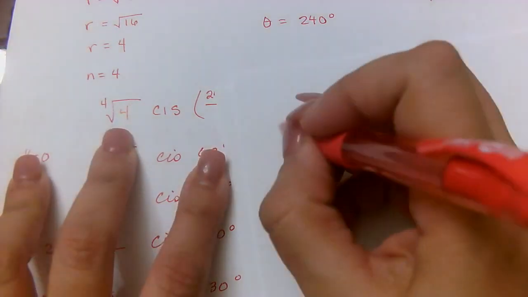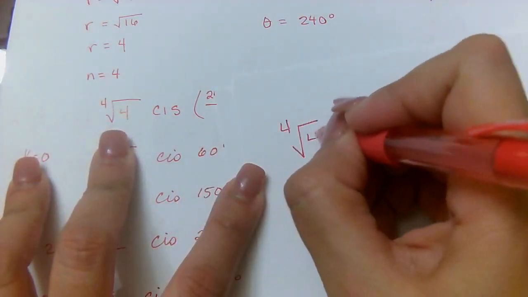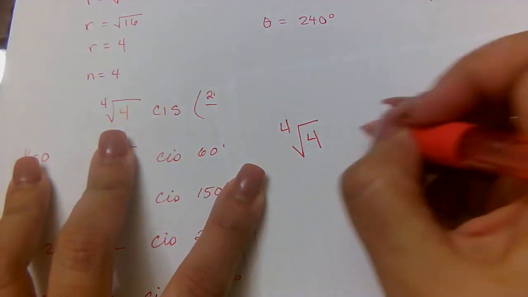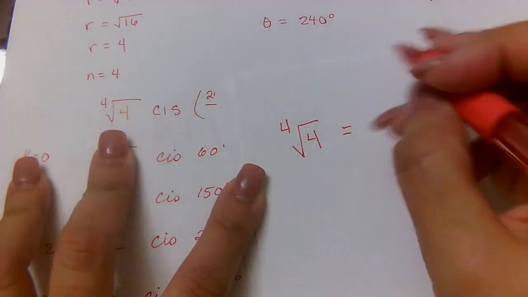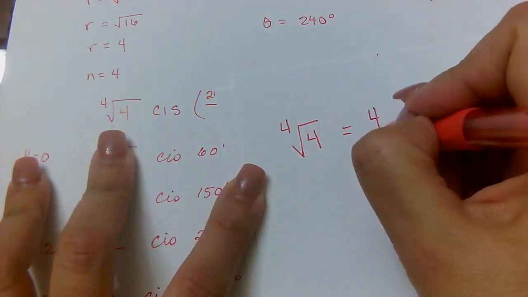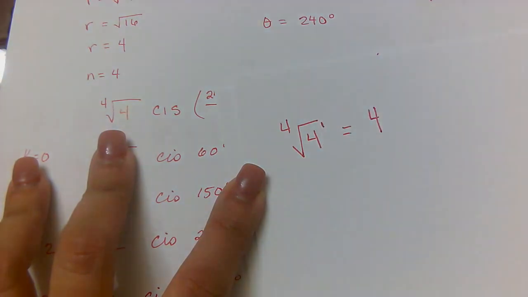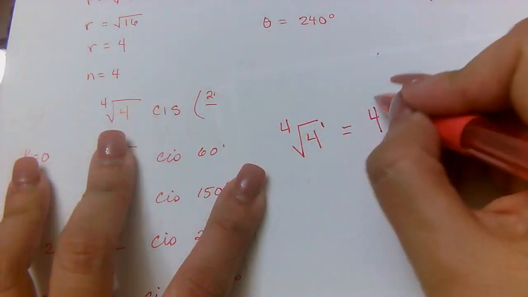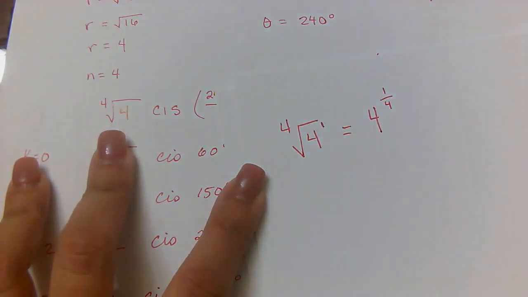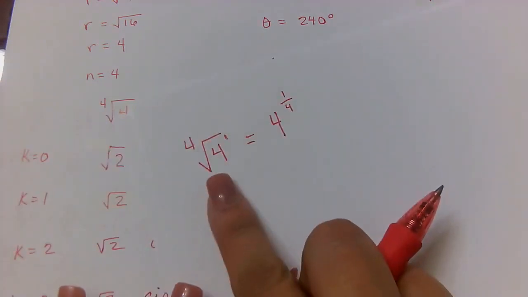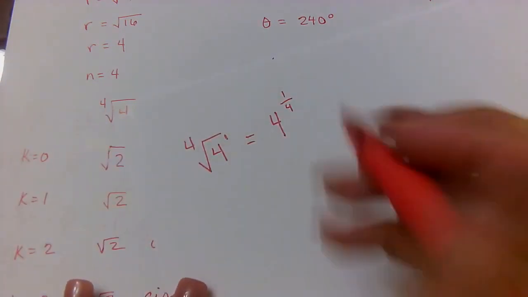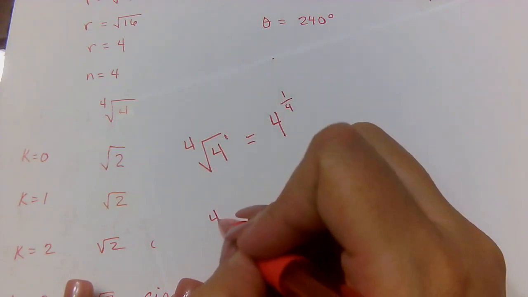Now, remember that this is written in radical form, but we can change it to exponential form. Our base is 4, and this is like 4 to the 1 power, and then our exponent would be 1 over 4. So let's try and rewrite this a little bit differently. Now I'm going to say, well, this is still 4.